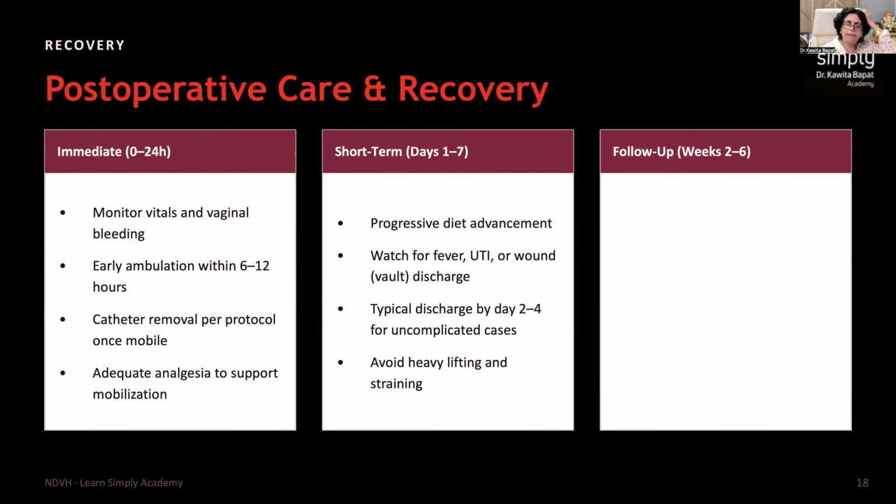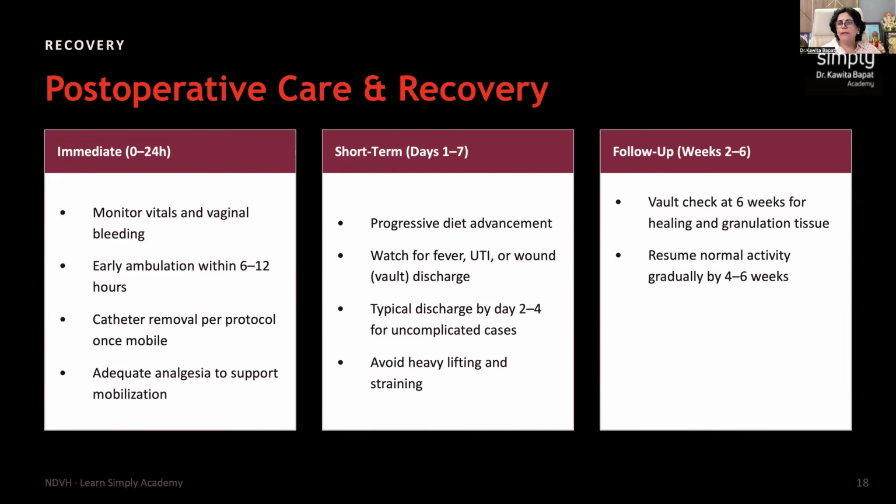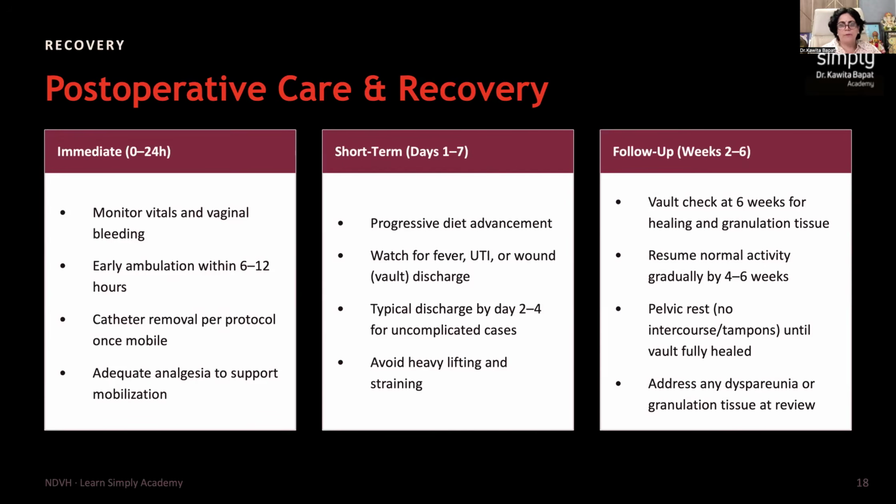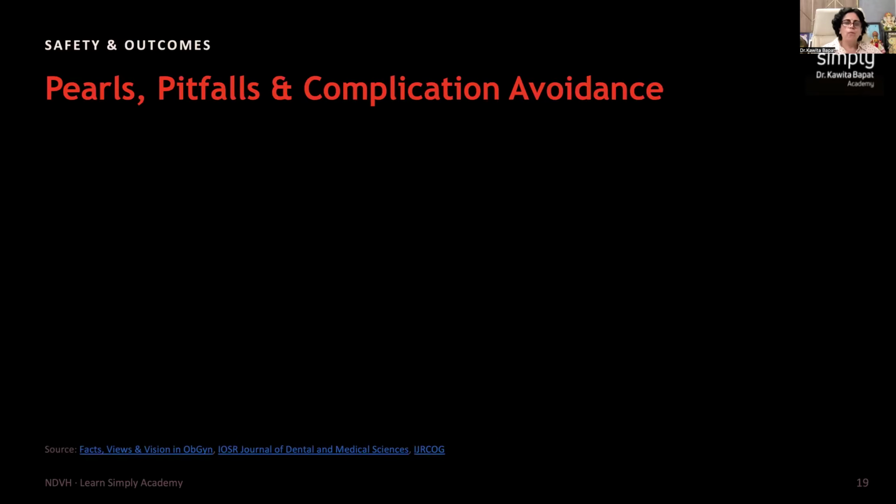Avoid heavy lifting and straining. Vault checkup at 6 weeks for healing and granulation tissue, resume normal activity gradually by 4 to 6 weeks, and pelvic rest, no intercourse or tampons, until the vault is fully healed, up to 6 weeks. Address any dyspareunia or granulation tissue at the review.